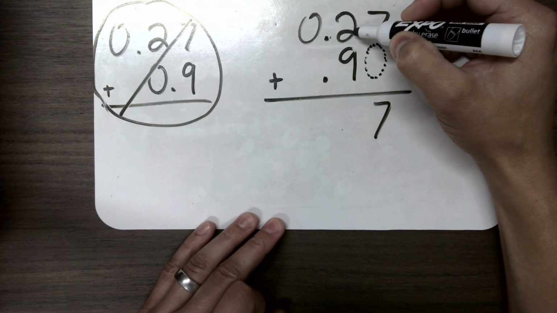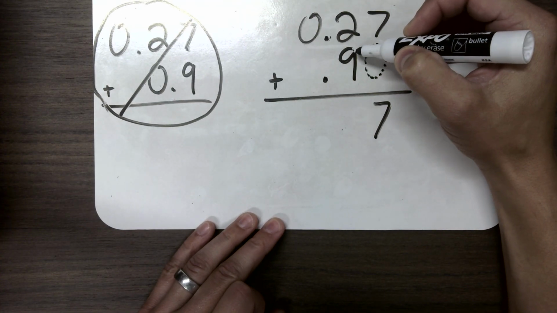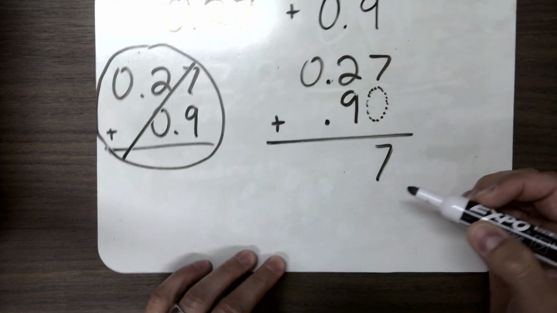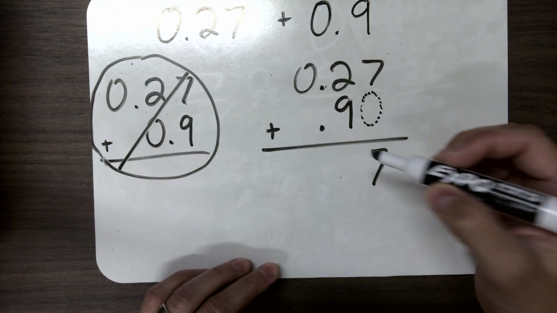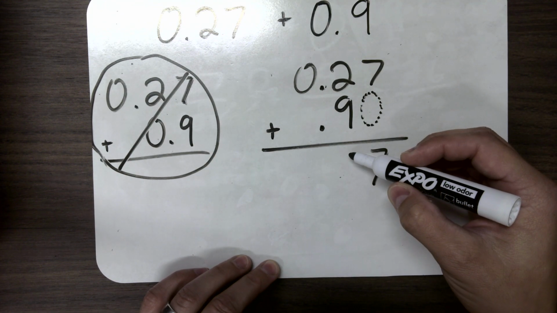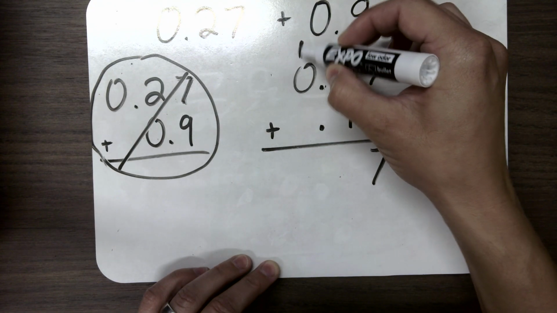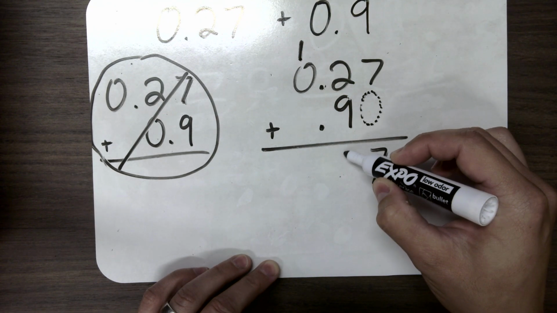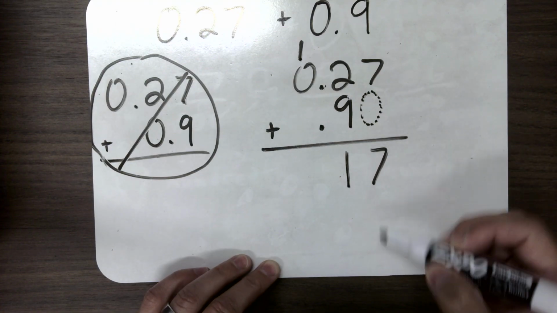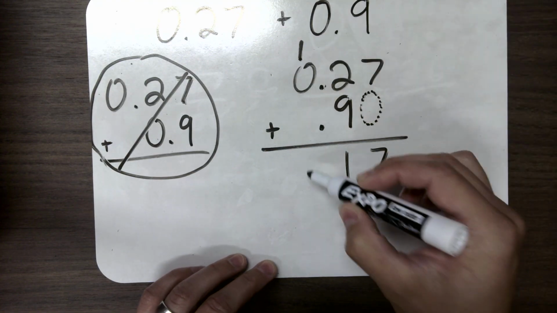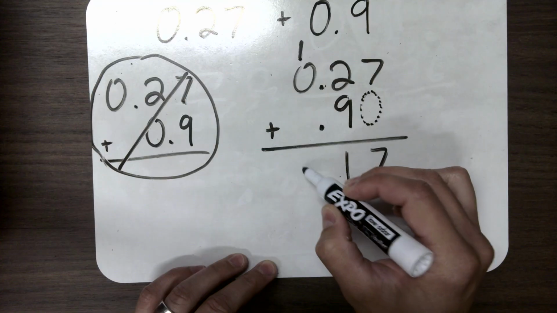And then here we have the 2 tenths plus the 9 tenths, so that will be 11 tenths. 10 of those tenths will be regrouped into one whole, or 1 one, and then the other tenth will just stay a tenth there. And then here we have our 1 plus 0 ones.